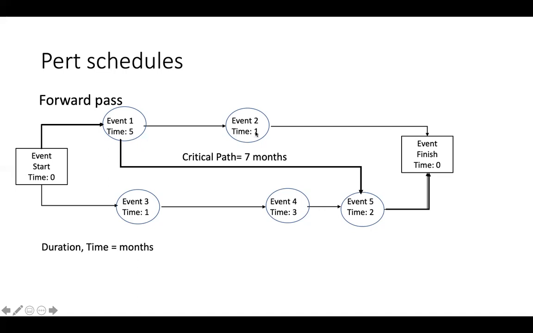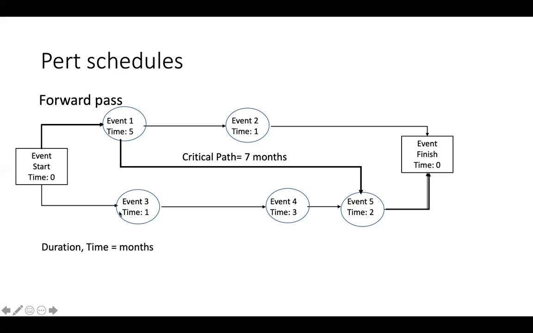Then event 2 can earliest start in the beginning of month 6, i.e. 5 plus 1, and can earliest be finished by the end of month 6.